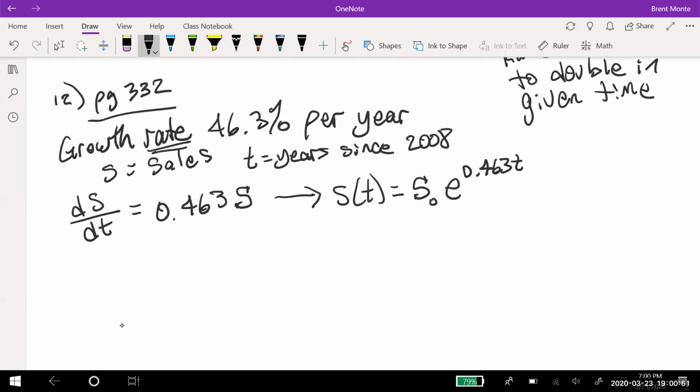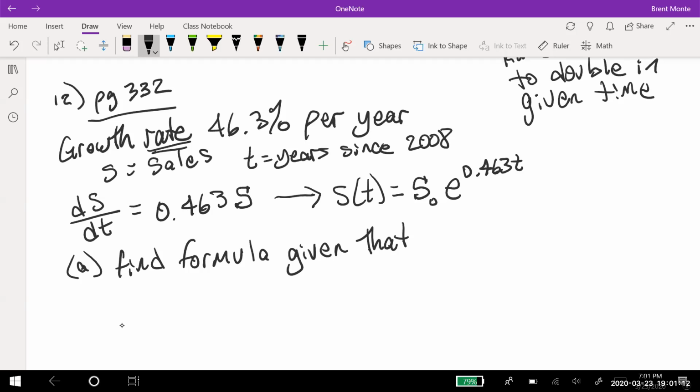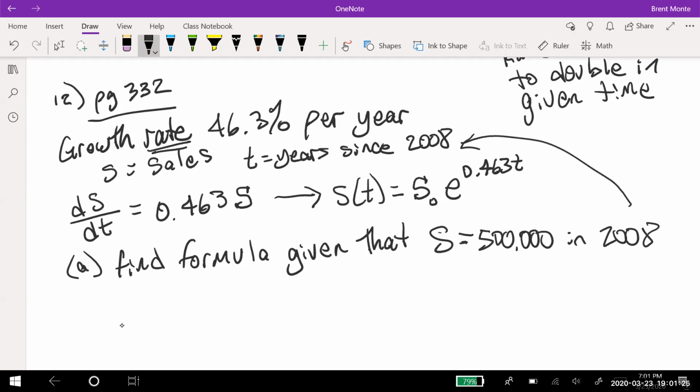Now for part A, they say find the function that satisfies the equation given that net sales in 2008 were approximately 500,000. So find the formula given that sales equaled 500,000 in 2008. T is years since 2008, so in 2008 there have been 0 years.